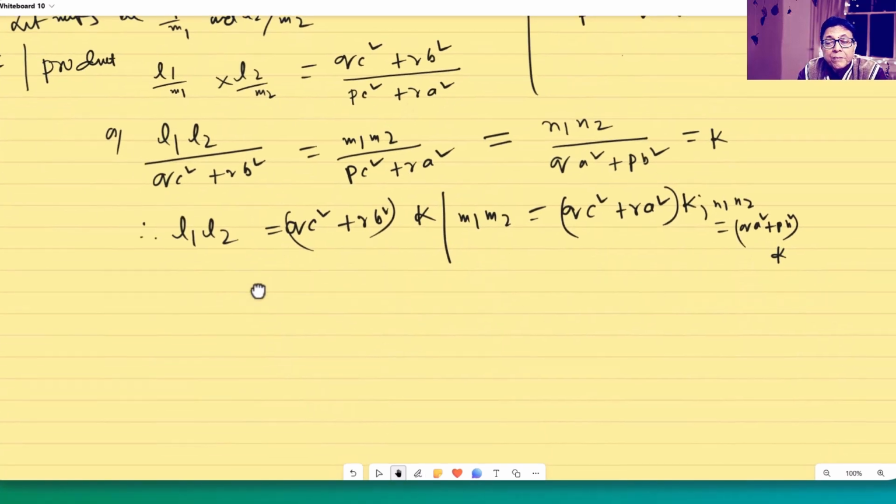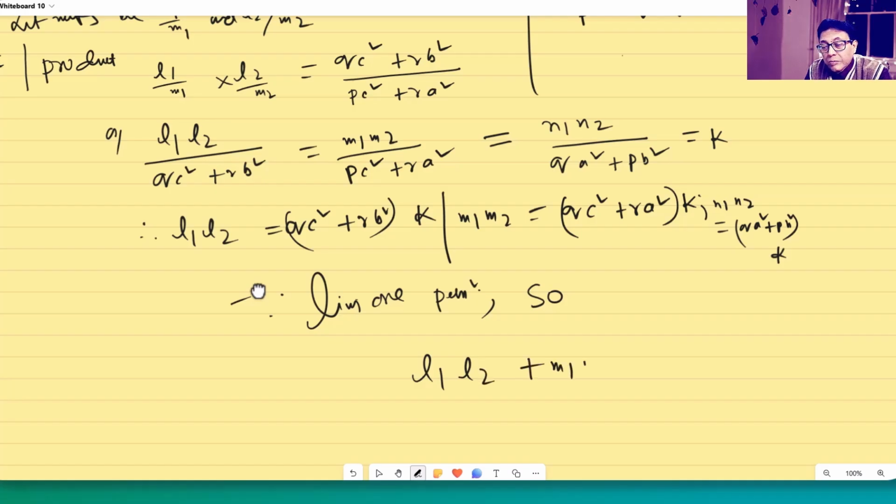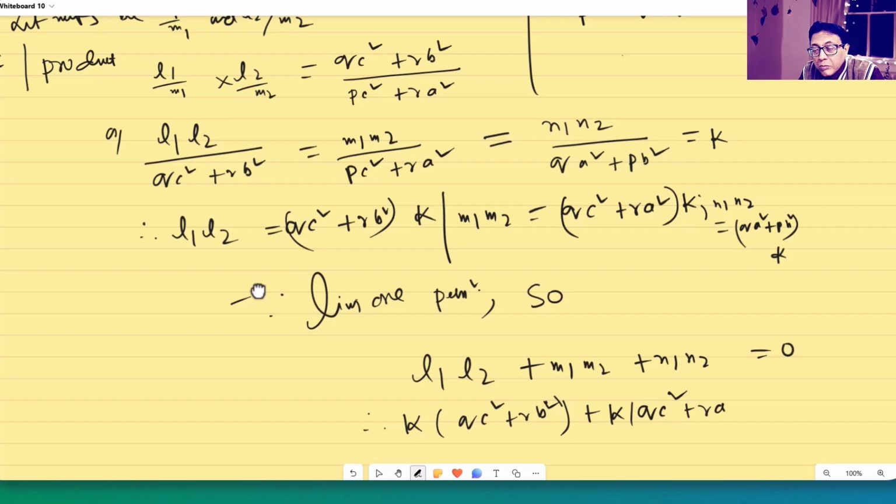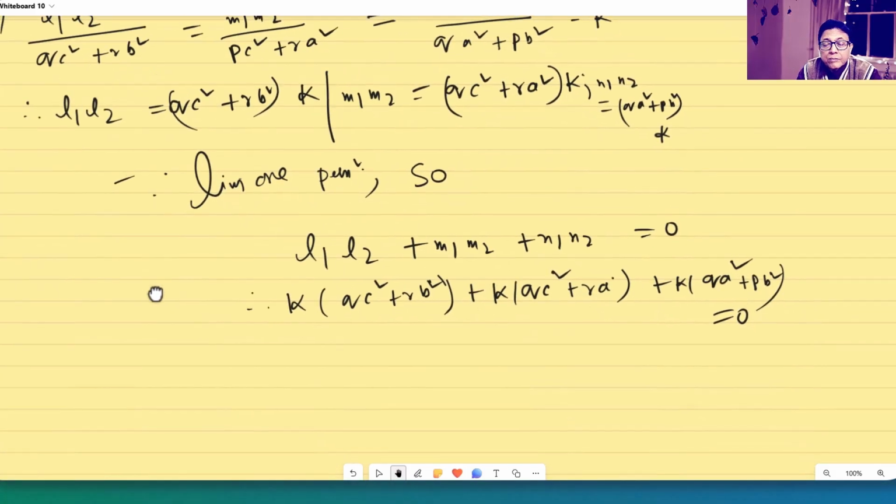Since the lines are perpendicular, L1 L2 plus M1 M2 plus N1 N2 is 0, so K into the sum of these. Now K is a common factor.